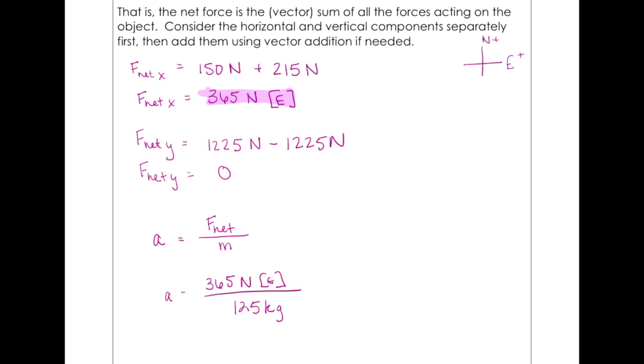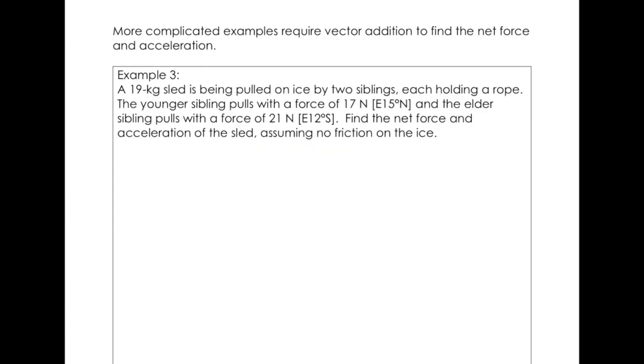When we divide this out, we get an acceleration of 2.92 meters per second squared, and that is to the east direction. For more complicated examples, this requires vector addition to find the net force and acceleration.